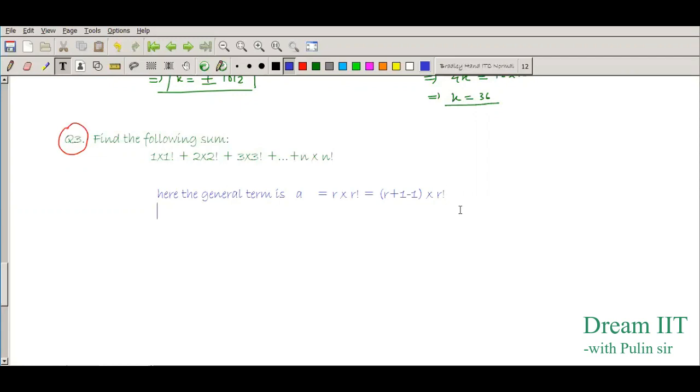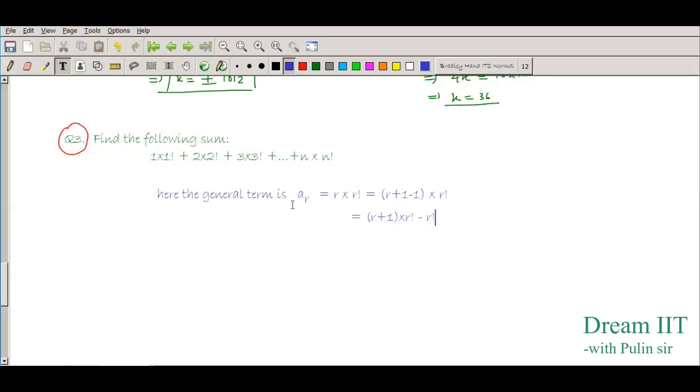So after that, just you see, we can write up to this. There is no problem at all. We have added 1, subtracted 1, keeping r factorial exactly the same. So now what exactly we are going to do for the result, just try to see. If now we multiply this, I can write r plus 1 into r factorial minus r factorial.